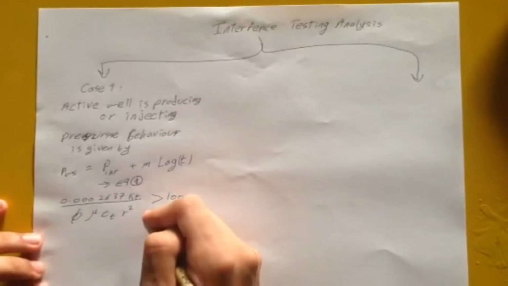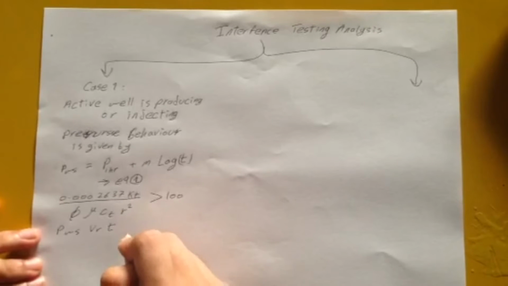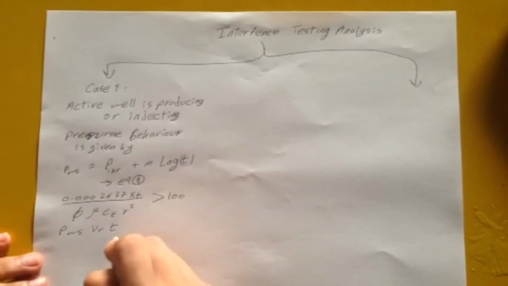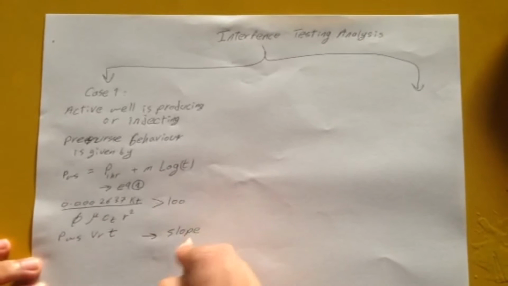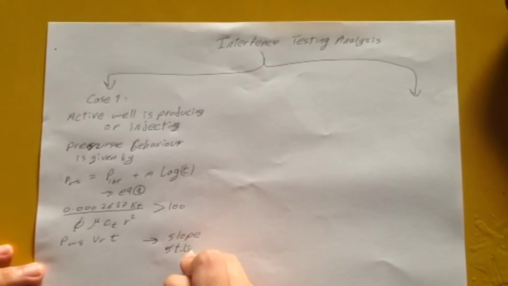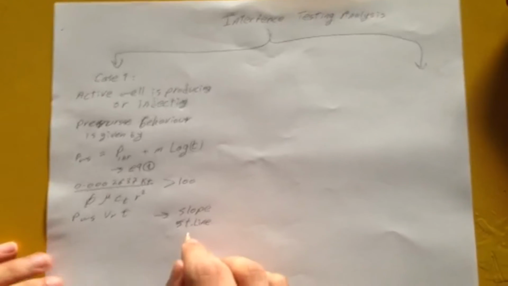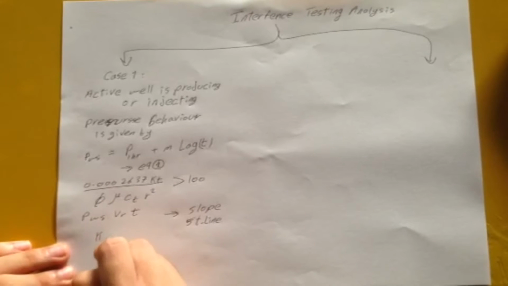Now we have to plot the graph of Pws versus time on a semi-log graph, and that will give us a slope which will be a straight line. We can use that slope to get K, the permeability.